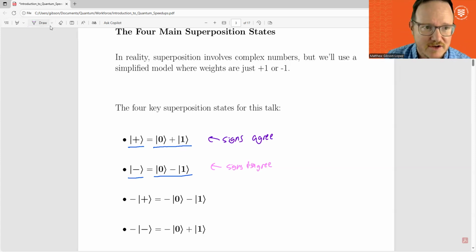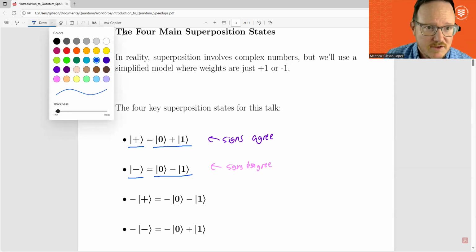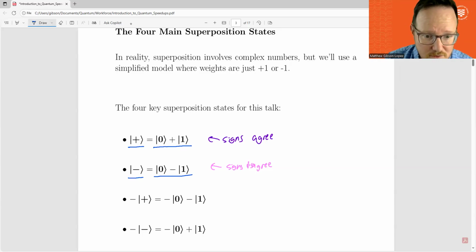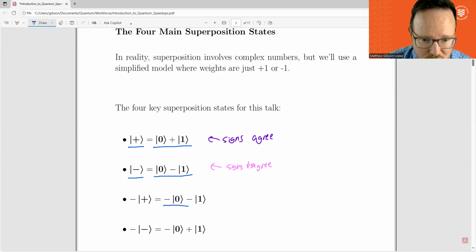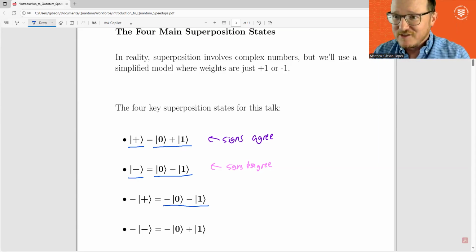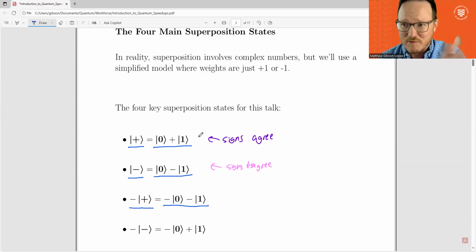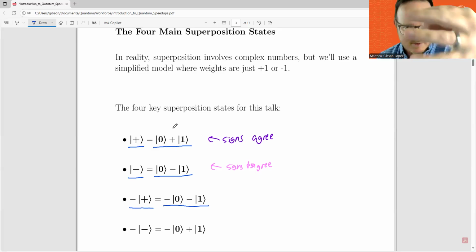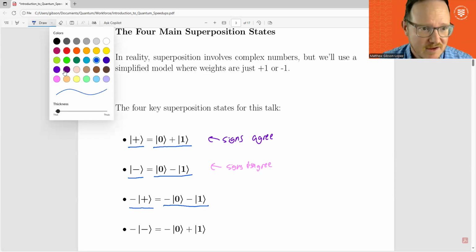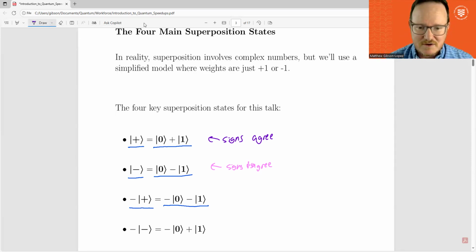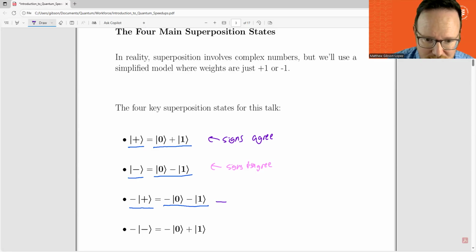If I continue on down here, you can see this next state is negative 1 on the 0 and negative 1 on the 1. So once again, the signs agree, but this time they're both negative 1. We write this state as negative plus, because plus is when they're both plus 1, and you can factor a negative 1 out of this, so it's negative 1 times this plus. But the main thing I want us to remember is that the signs agree.